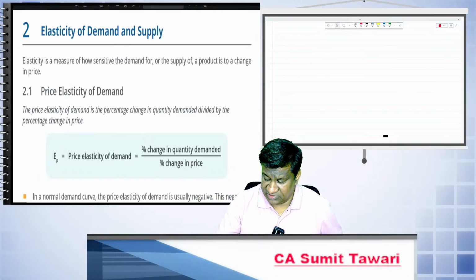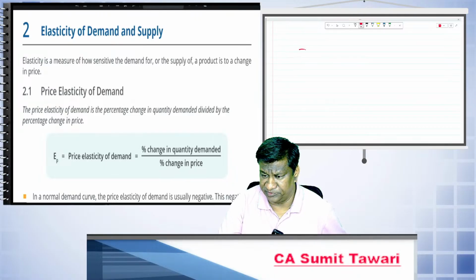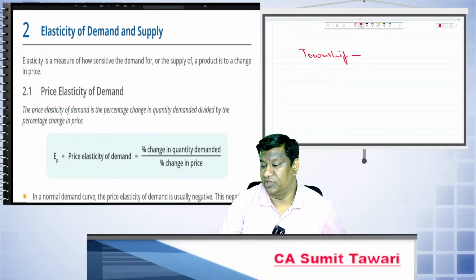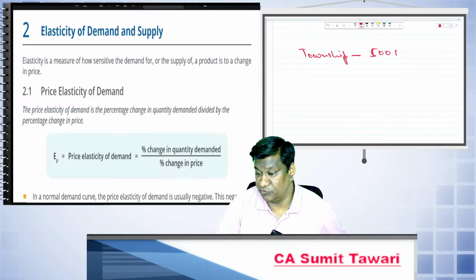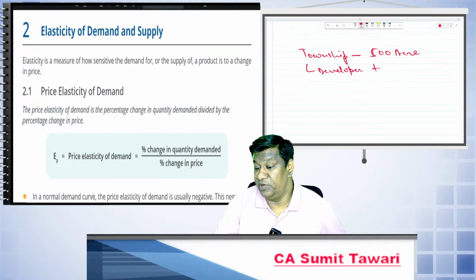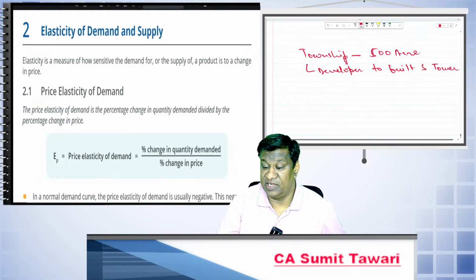Let me tell you a practical example. If there is a township, the government may give an approval for, say, a 500-acre township, and they mandate the developer to build 5 towers and sell at less than market prices.